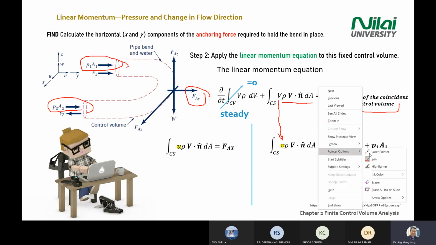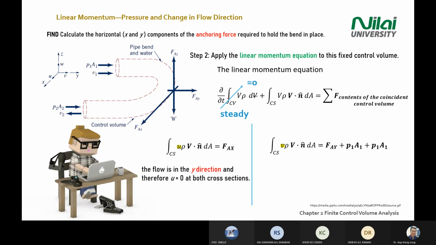Next, you look at the Fx here, there's an explanation. The flow is in y direction, and therefore the u is 0 for both cross sections. There's no u direction inside the pipe. Although here there is some turning velocity in x direction, it's very small compared to what you have in and out here.